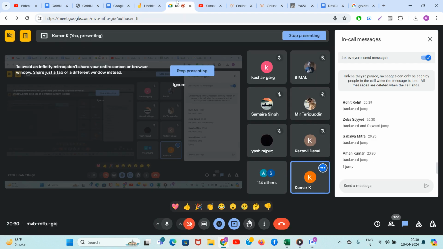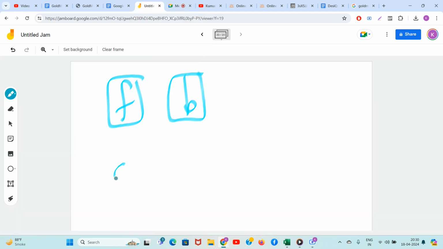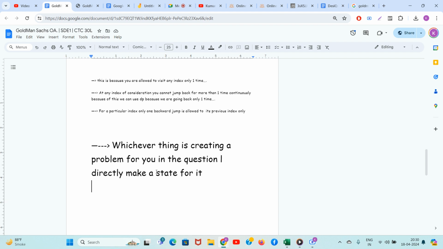Clear, guys? So, your state should look like this. DPI forward and DPI backward. This solves your whole problem. Now you can easily categorize. What is the meaning of DPI forward? Now, this is my question to you people.